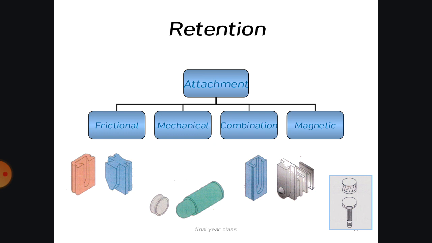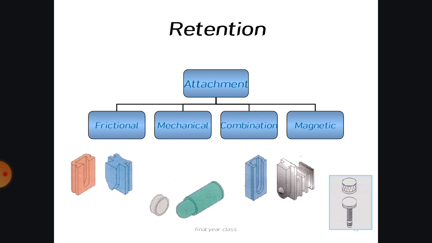And finally, the magnetic, where you have the resistance caused by means of magnetic attraction, that is, the unlike poles come together and you will have an attachment. That is why you have the magnetic attachment.